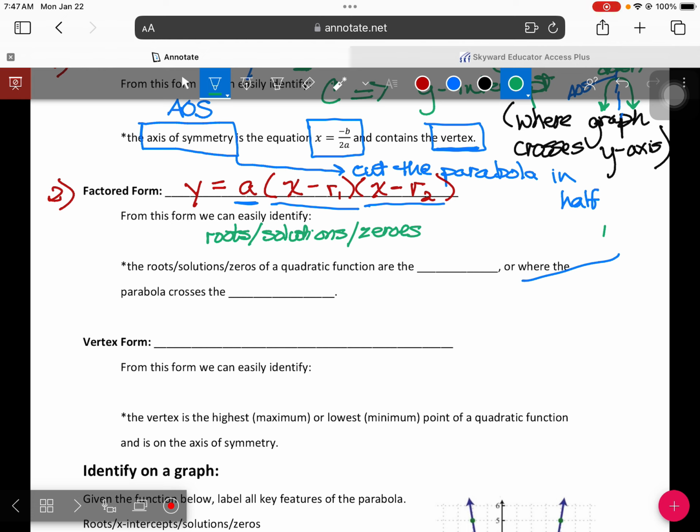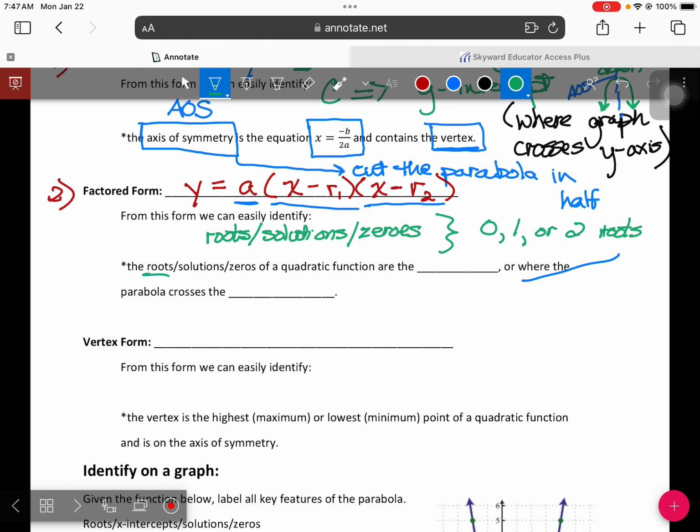And if you are talking about a parabola, you could have 0, 1, or 2 roots. 0, 1, or 2 roots, okay?